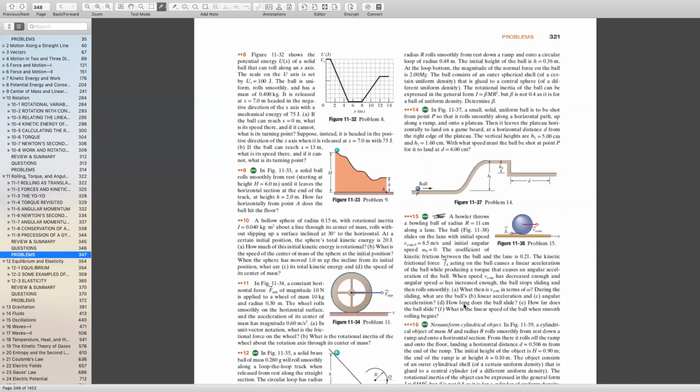The point at which it stops sliding and rolls smoothly is when v equals r omega. That's the definition: if v equals r omega, the ball is rolling smoothly. If v doesn't equal r omega, then it's not rolling smoothly. So knowing our initial velocity with the linear acceleration, and knowing our initial omega with the angular acceleration, we can set those two equal to each other to find the point in time when v is equal to r omega.